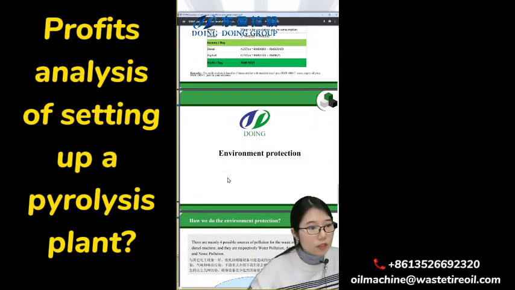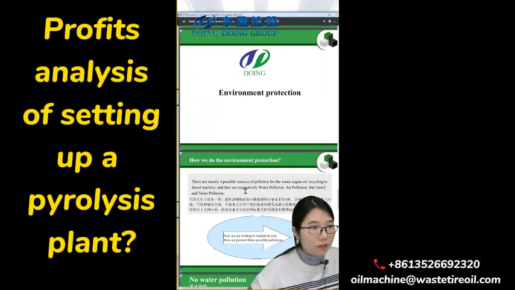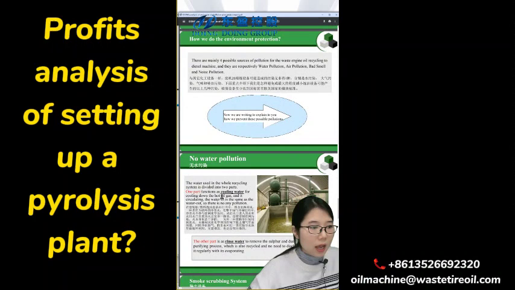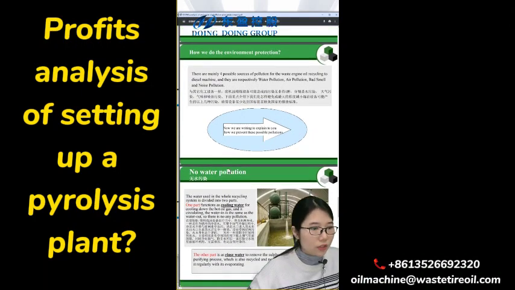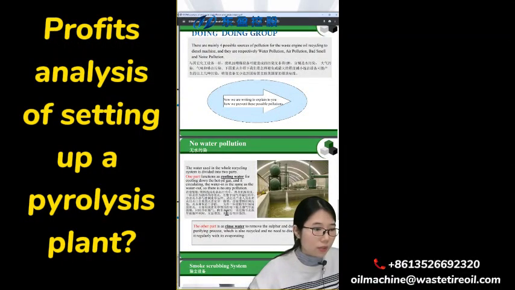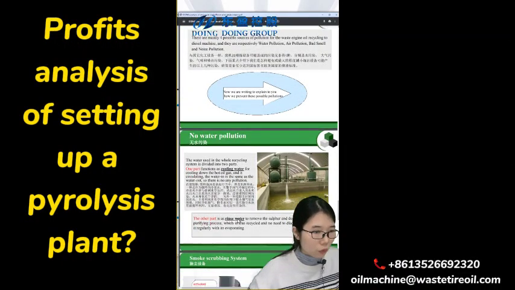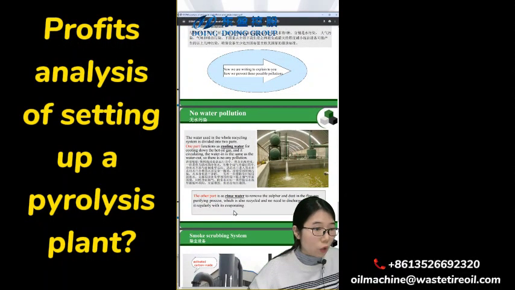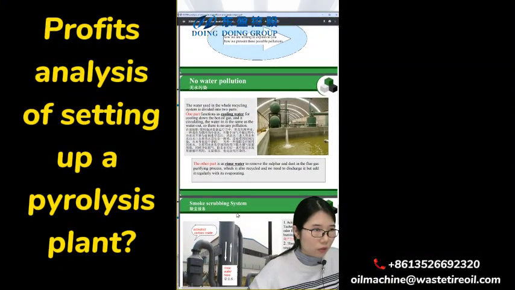For the distillation machine, we also have environmental protection. There is no water pollution because we use recycling water for cooling the oil gas. The oil gas and the water don't touch, so no pollution.